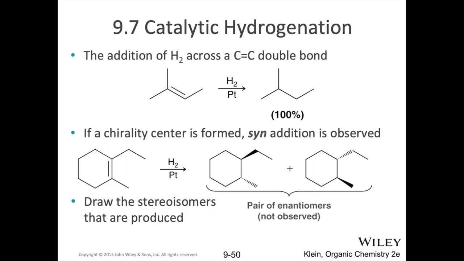Now, what we do observe in the case of hydrogen being added on with a platinum catalyst or some metal catalyst in general is that we see a syn addition. So we would wind up seeing this ethyl group and this methyl group being cis to each other. These two trans isomers we see here are not observed, because in order to make these, you'd have to have an anti-addition.